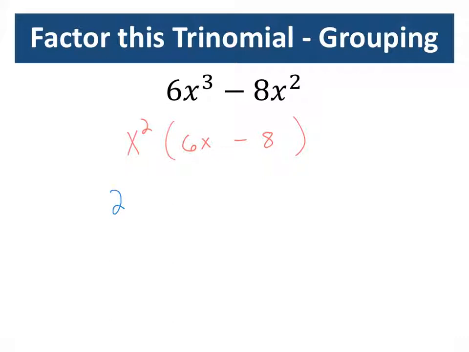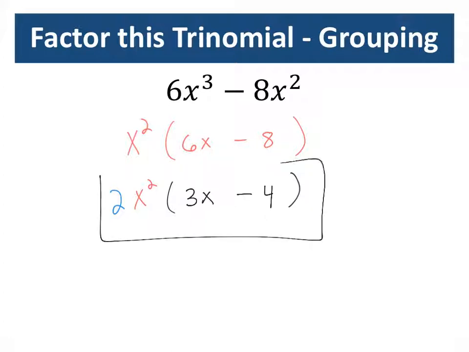We're going to pull out 2x squared. What's left over? Well, there's going to be 3x. 2x squared times 3x is 6x cubed. And then divided by 2 is 4. So this would be my factored form, believe it or not. This is the factored form. And it's called factored by grouping.